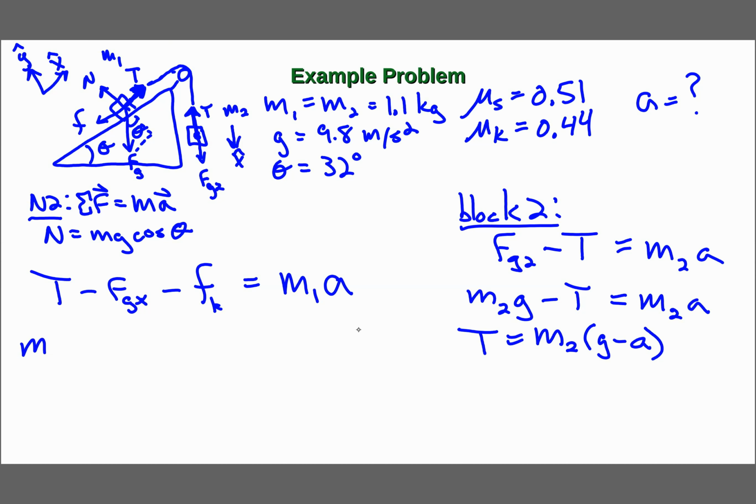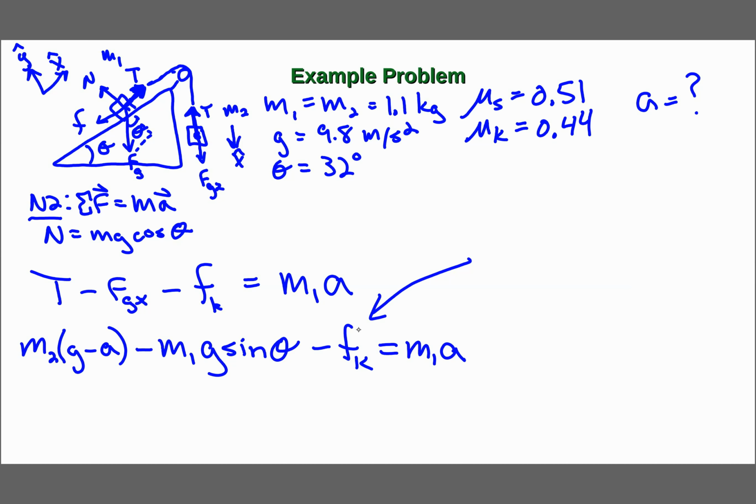So if we do that, we put in m2 g minus A, minus the force of gravity in the x direction, which is m1. Remember, this was for block 1. m1g, and then sine theta is the x direction in this case, minus the force of kinetic friction equals m1a.